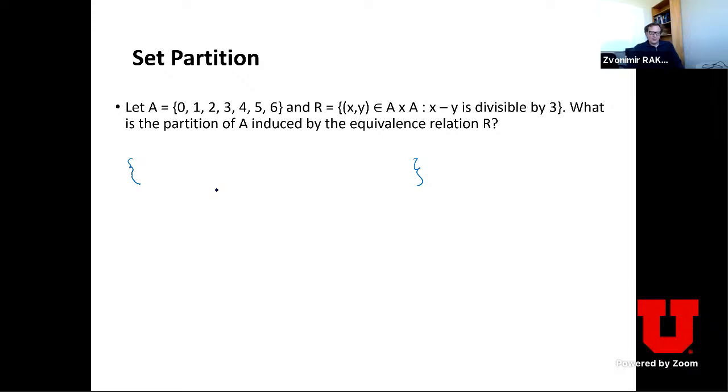All pairs of elements within each element of this partition have to belong to R. That's how you generate the partition using this equivalence relation. This is a rather simple question. I'll give you maybe a minute to try to do it on your own, and then I'll solve it for you guys.